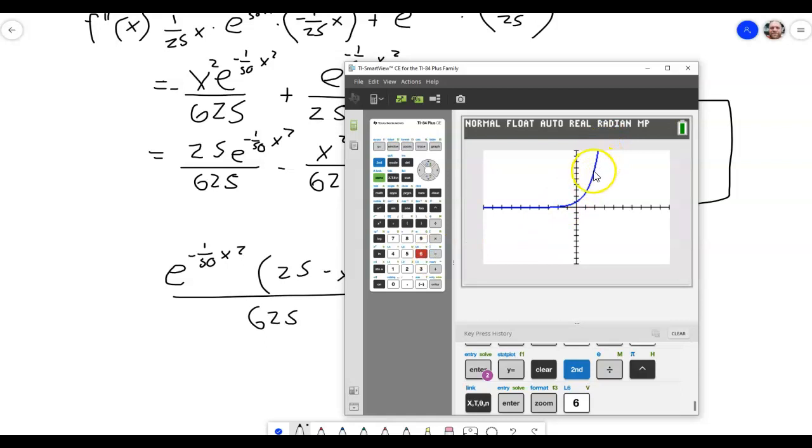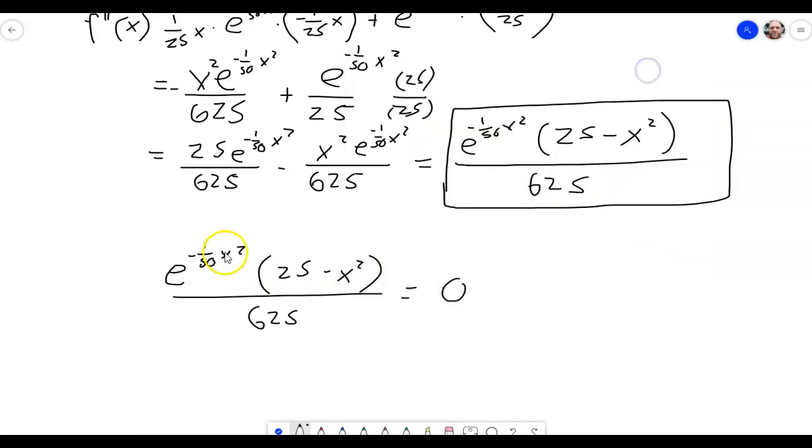Notice that the y values approach 0, but they never actually equal 0. So there's nothing in here for x that we could put to make this term equal 0, because 0 is not in the range of the e function there.